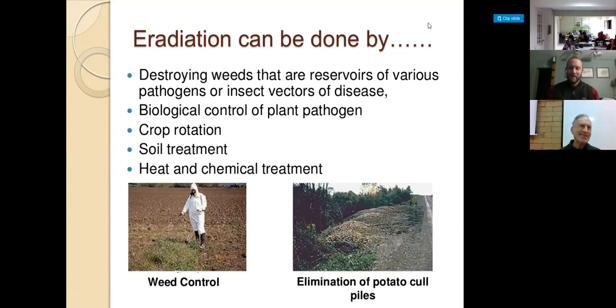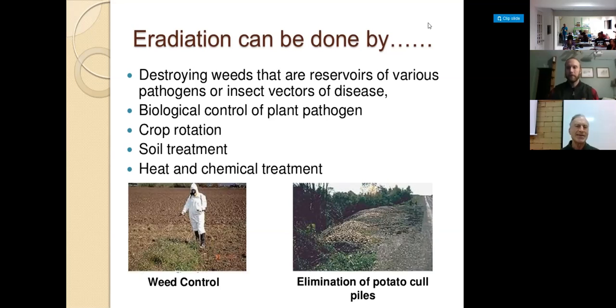So crop rotation: if you have a pathogen that gets into your soil or is hanging out in your field, you can plant a different crop in that area the next season, a crop that's not susceptible to that pathogen.